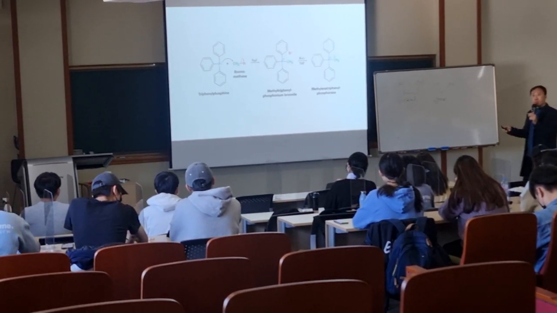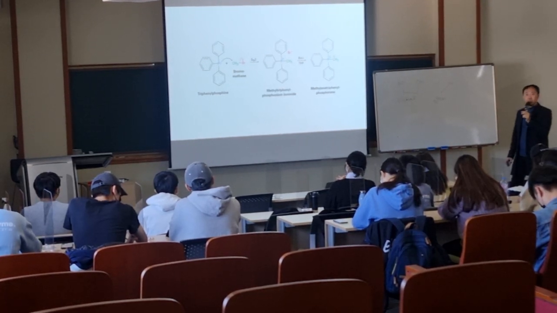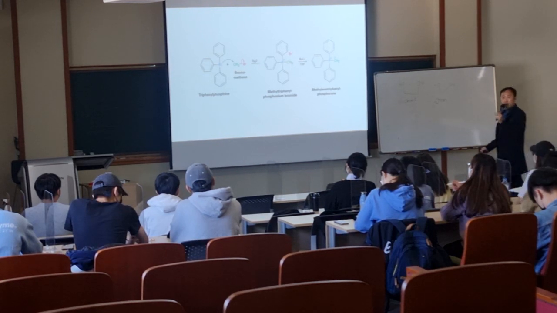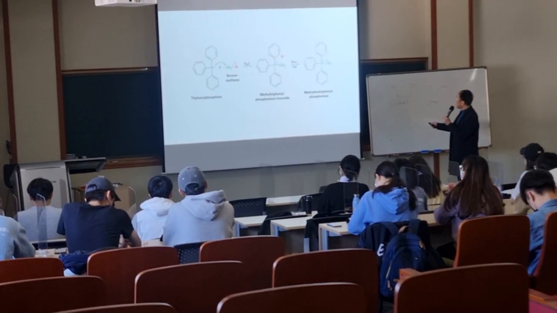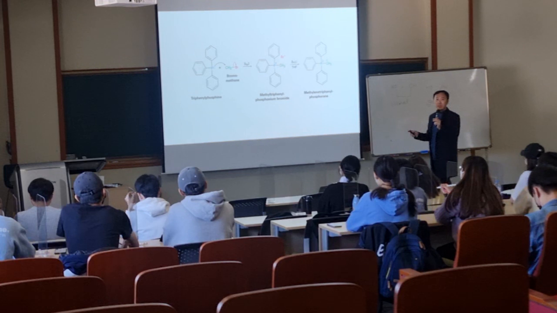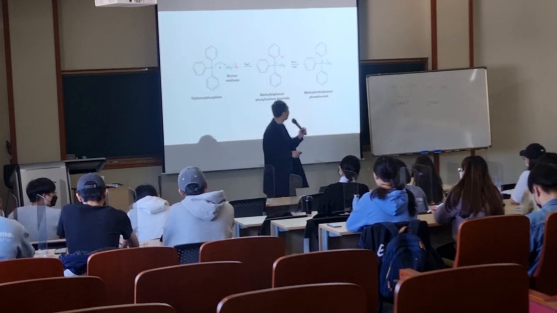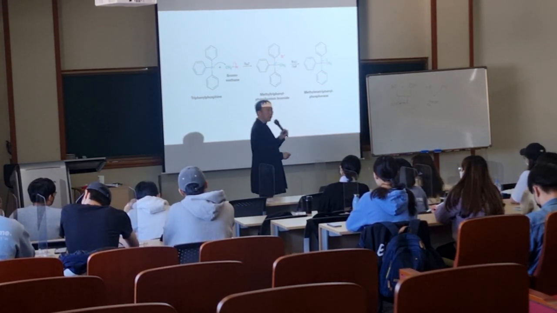Here, if you add a strong base, then the base can remove the proton, and then this ylide reagent is formed. So you can draw it with a plus and minus, or if this electron is donated here, then you can put a P=C double bond here too. That is the reagent.